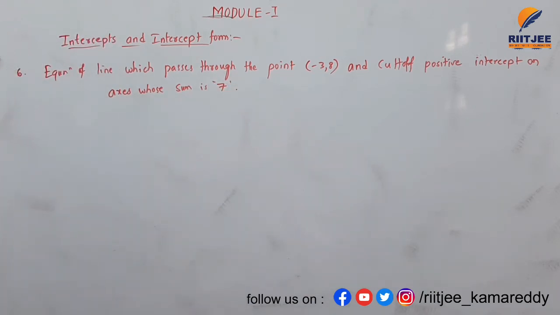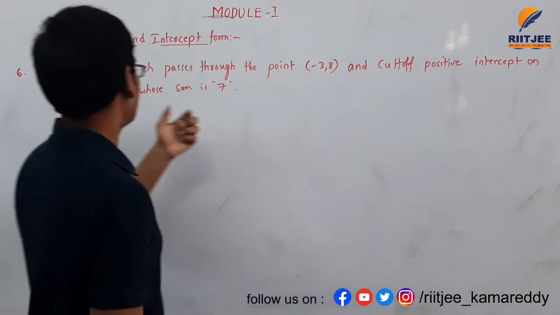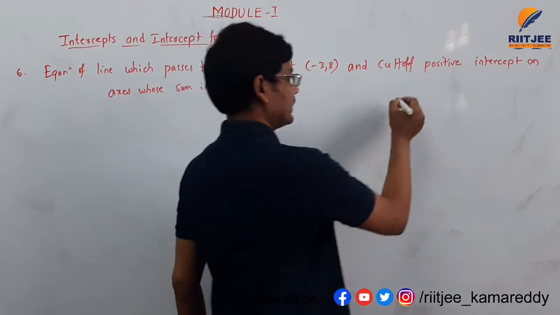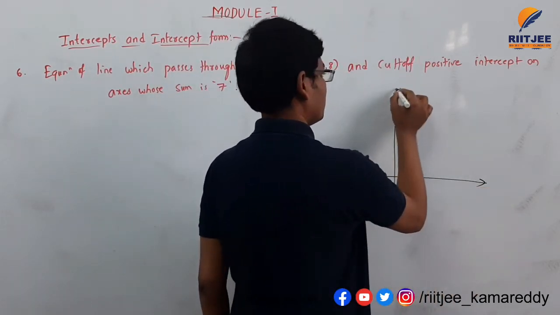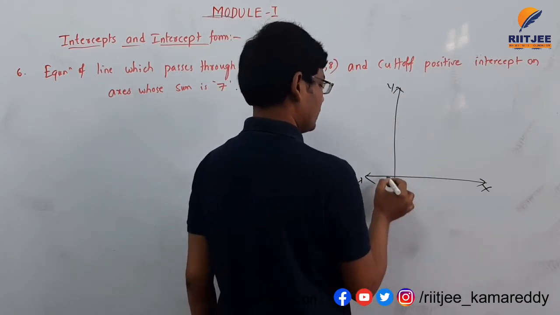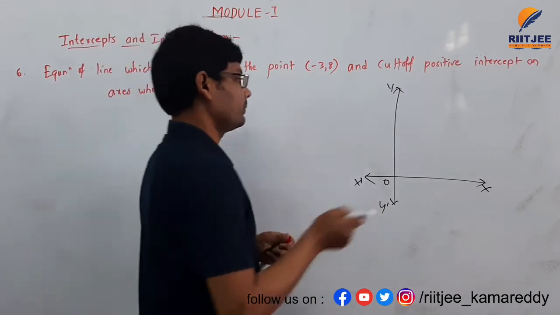First you have to understand the question. The equation of the line passes through the point minus 3 comma 8 and cuts off positive intercepts on the axes whose sum is 7. So let us take the diagrammatic representation. This is x dash, y dash, and this is the origin 0 comma 0, and here I am taking a line.